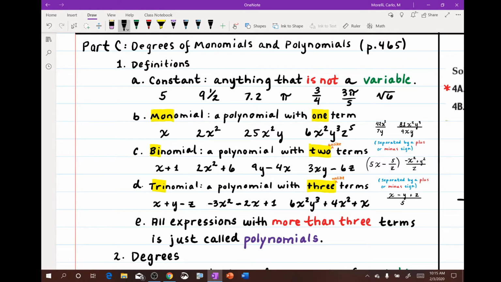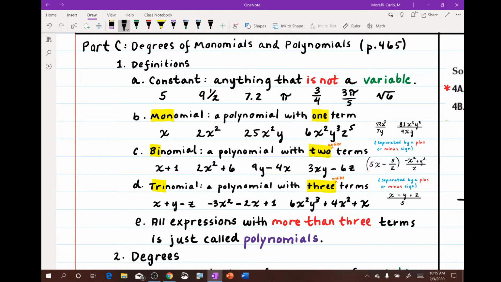And then 81x squared y cubed over 9xy could be reduced down to 9xy squared. You divide 81 by 9, x squared by x, y cubed by y. Gives you 9xy squared. But they're all monomials.